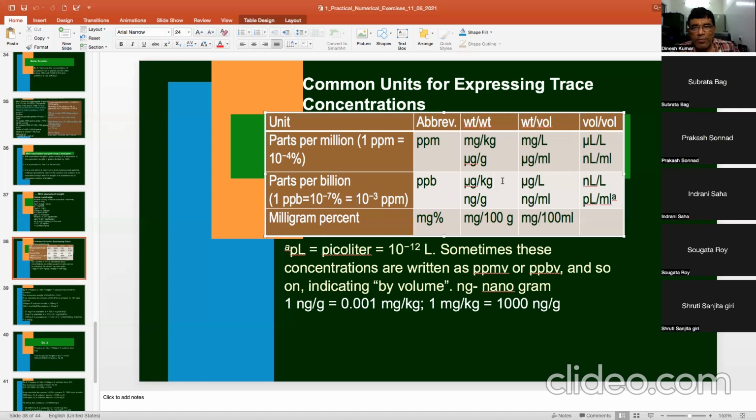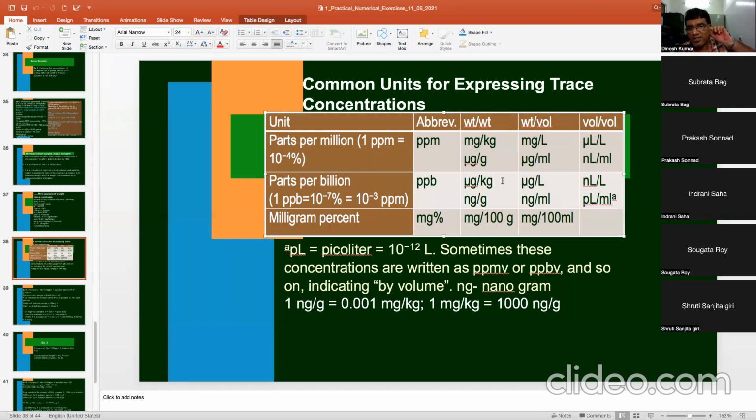Then weight by volume, microgram per liter and nanogram per ml. And volume by volume, nanoliter per liter, picoliter per ml. So you can see here, pL is picoliter, 10 to the power minus 12 liter.